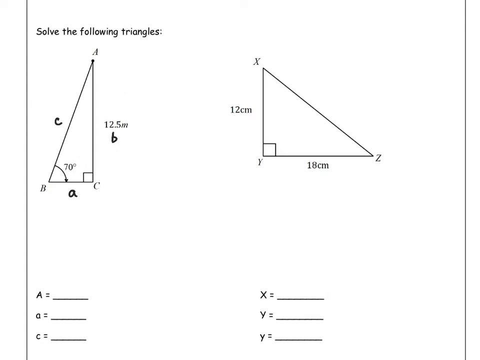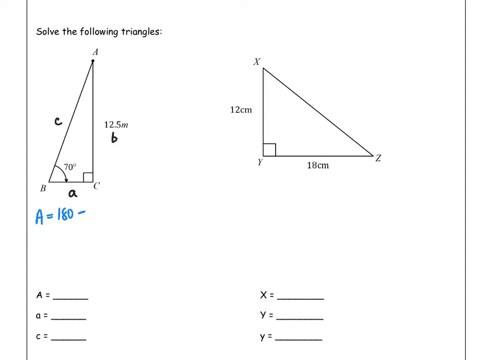So we want to find everything about this triangle. So I know that I can use the trig ratios to calculate angle A and angle C. And I also know that I can use the sum of the angles in a triangle as 180 degrees. So let's look at that first. If I want to find angle A, I know that they have to add up to 180. So I've got 180, take away all the other angles in the triangle.